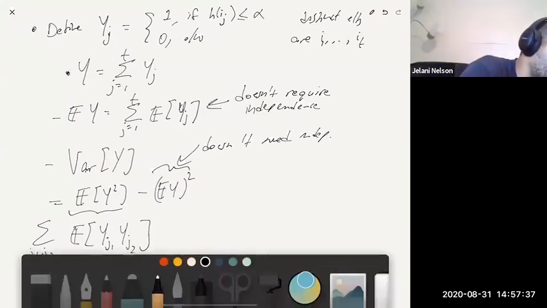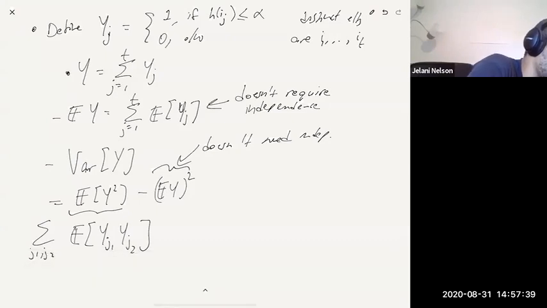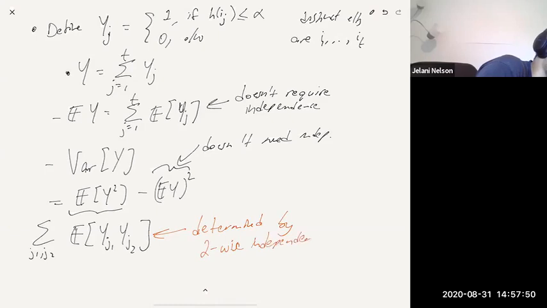This is only looking at 2 variables at a time, right? So the variance is determined by 2-wise independence.